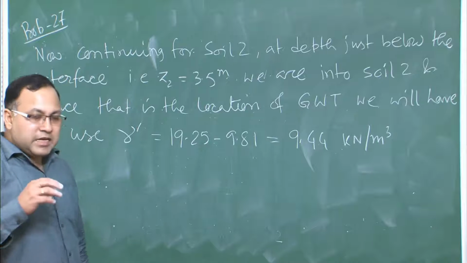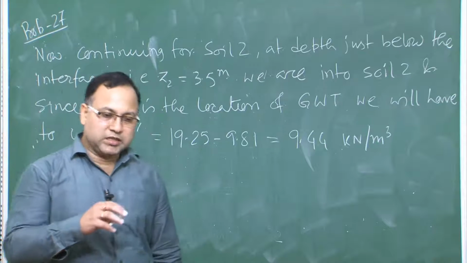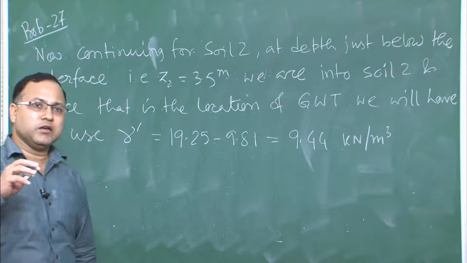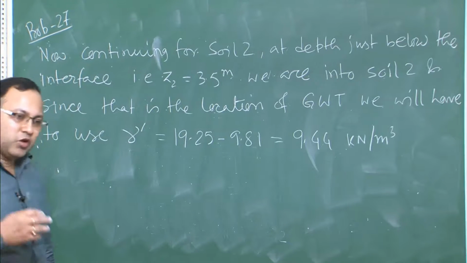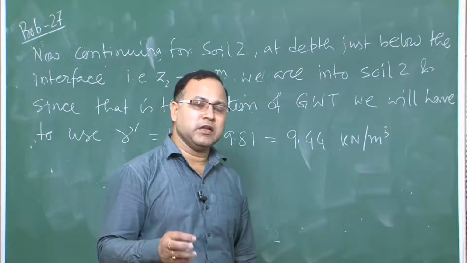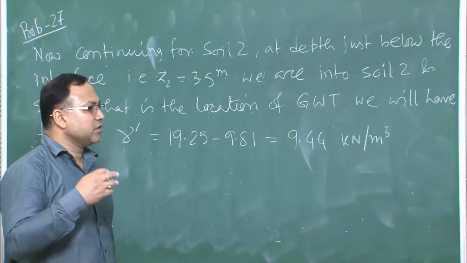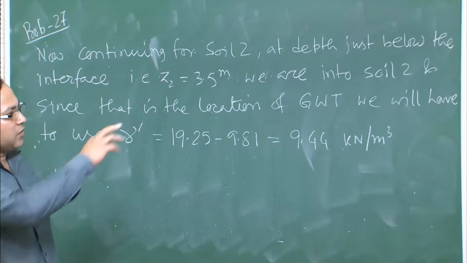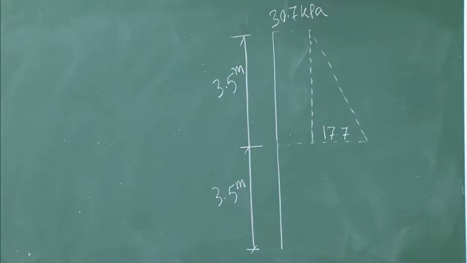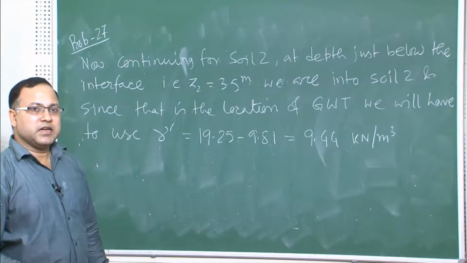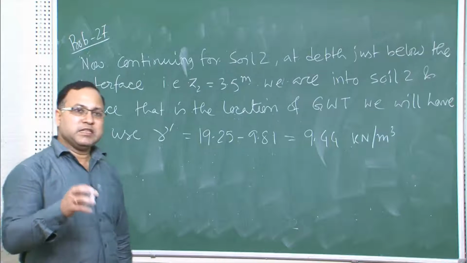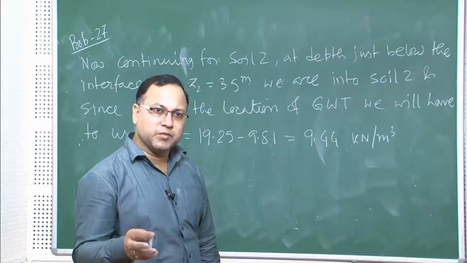So, basically the interface is the problem. Just at the top of the interface you are in soil 1 region, just below the interface you are in soil 2, right. Just at the top of the interface we have already calculated the pressure, and that pressure diagram looks like this. Just below the interface, you are entering soil 2, but still you are at the interface. So, physically Z equal to 3.5 meter.